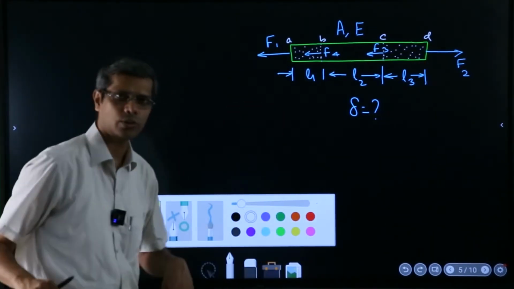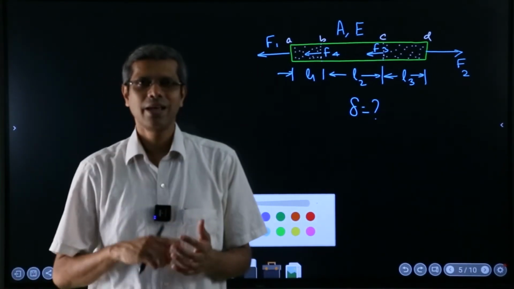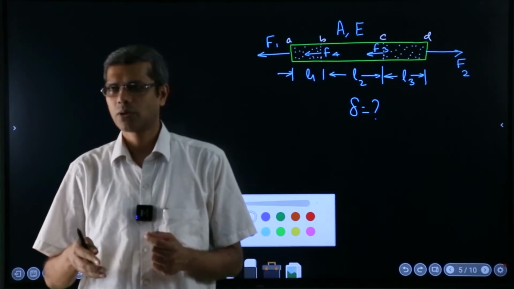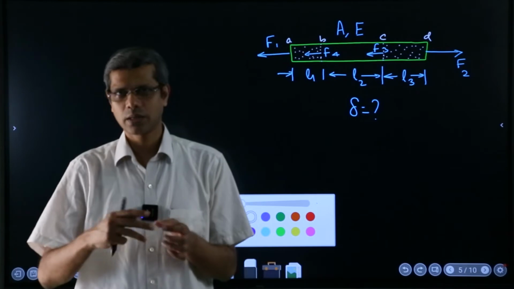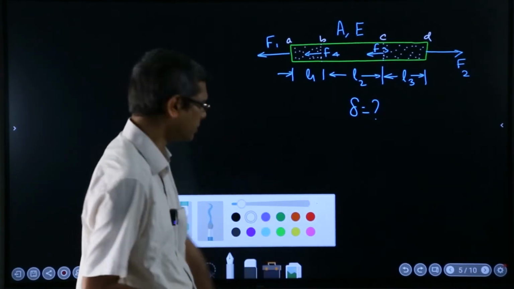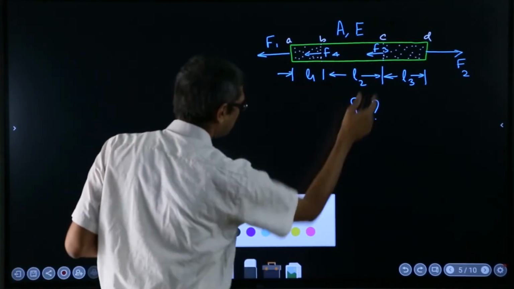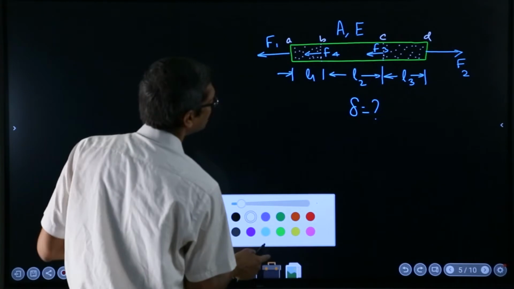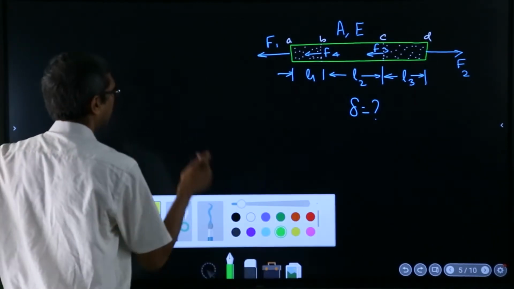This can be done very dispassionately. Wherever you see a discontinuity of force, that means as soon as a force is applied, you have to break the rod into imaginary pieces, and then we will draw the free body diagram of each individual segment. How many segments are there? 3.